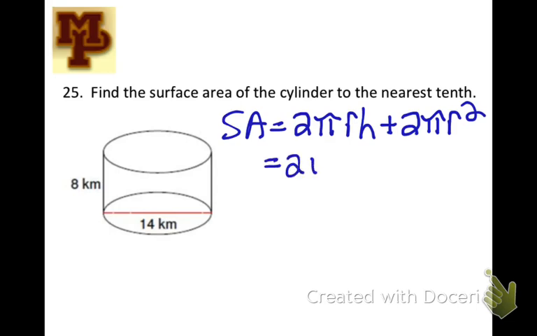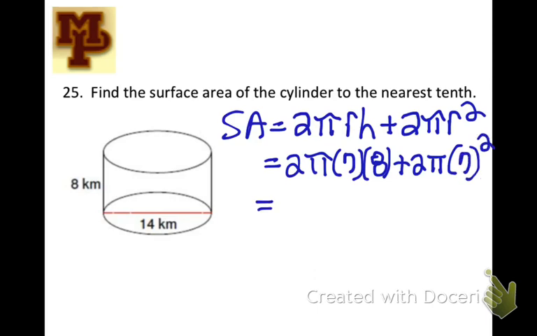So we have 2 times pi, looks like the radius is not given, diameter is given, so we'll make that radius 7. The height is 8, plus 2 pi. Radius is 7, so we're going to say 7 squared. So we got 56 times 2.